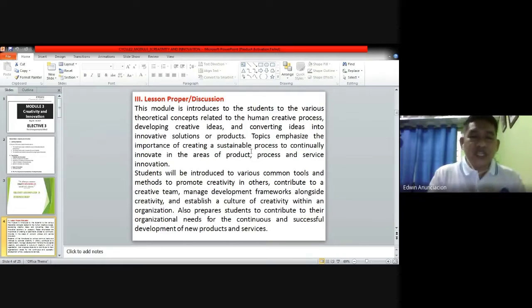So we really need to innovate the process also for a variety of reasons, whether to increase productivity or output, to improve the quality, and even to produce output in an effective and efficient manner. And then you will be introduced to common tools and methods to promote creativity in others and contribute to a creative team.